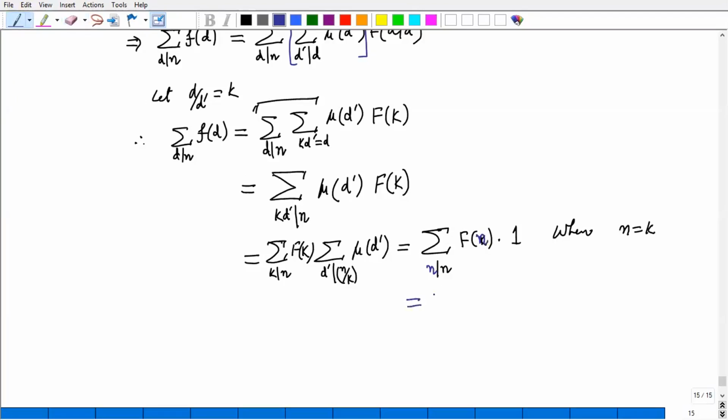So this will be f of n. That's the required result. Okay, at the left hand side we have this. So it means f of n equals the sum that runs over the positive divisors of n, f of d. Okay, that's the proof of our required result.